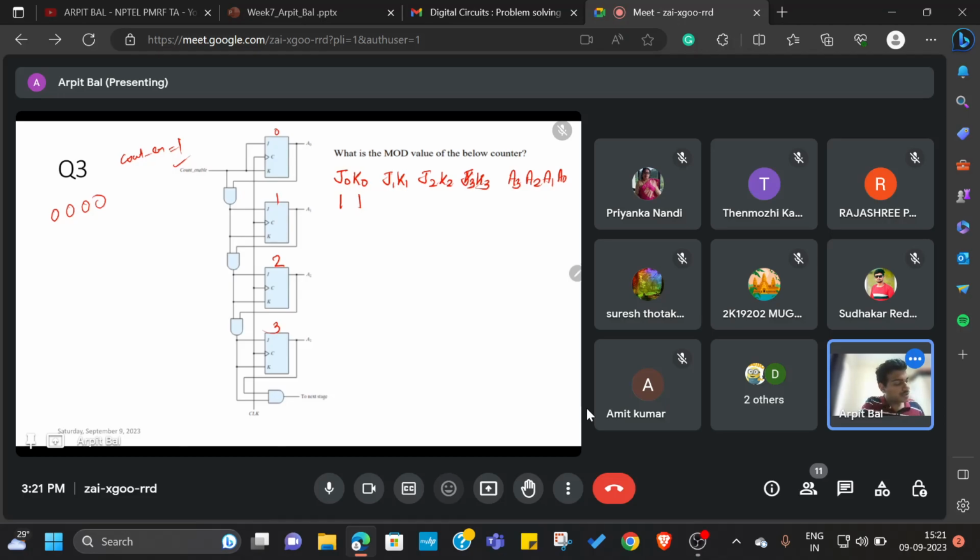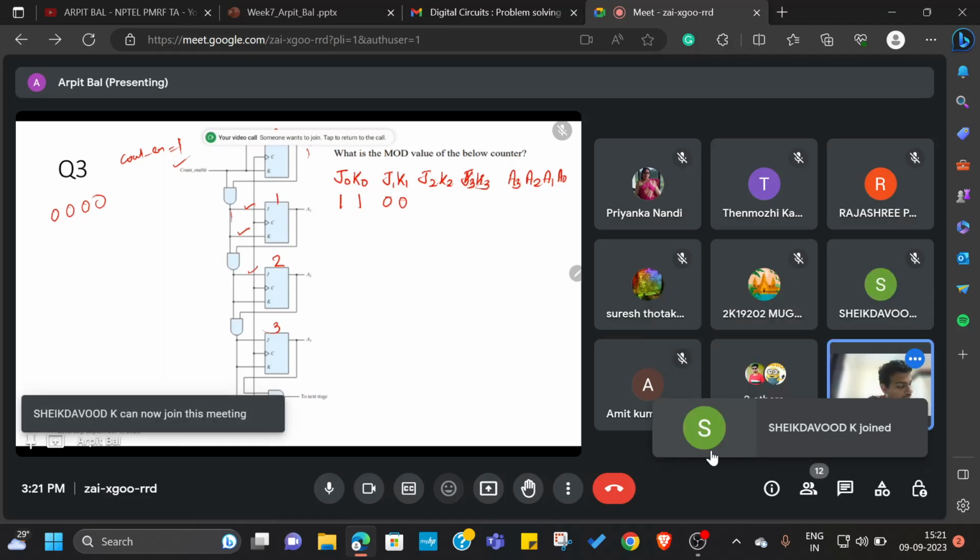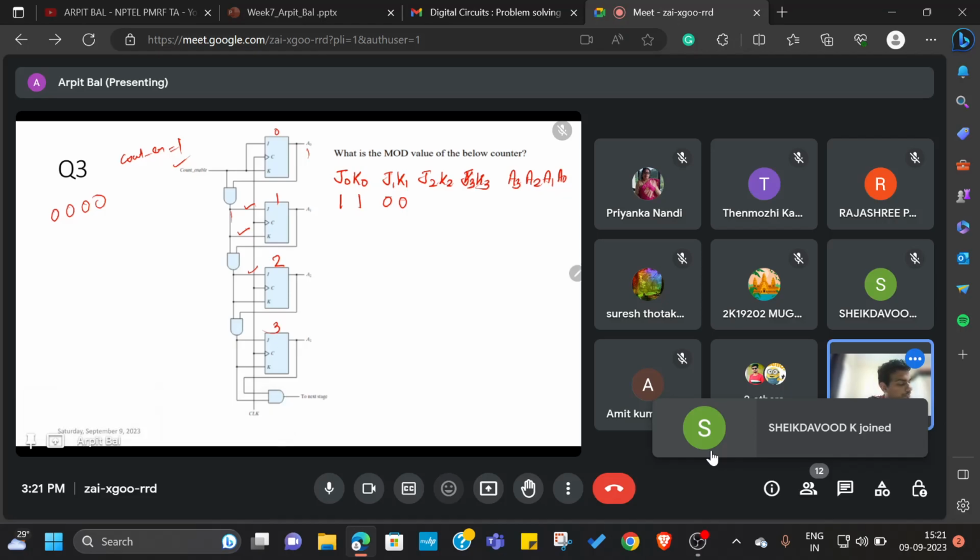So if everything is 0, J1 K1 is 0, and similarly the rest of the J2 K2 and J3 K3 values will also be 0.